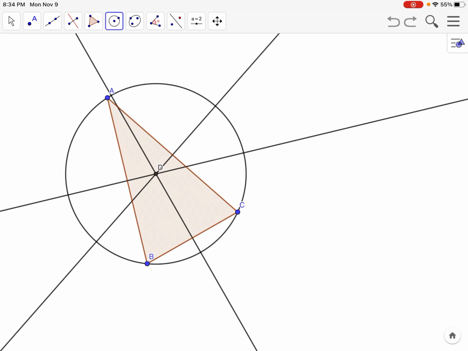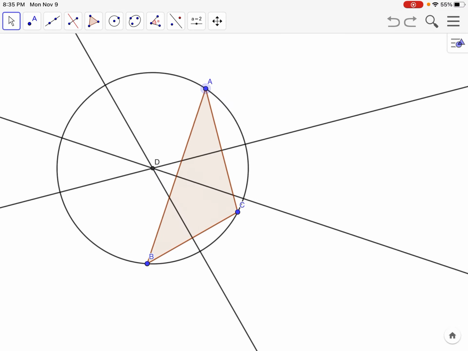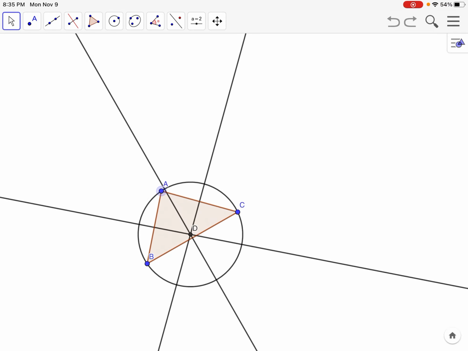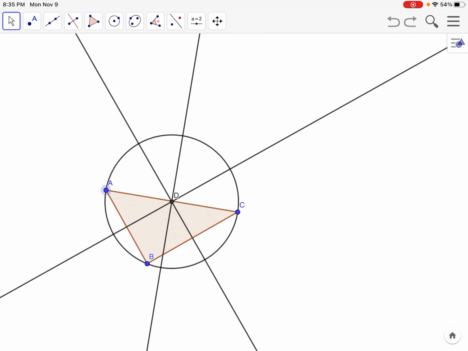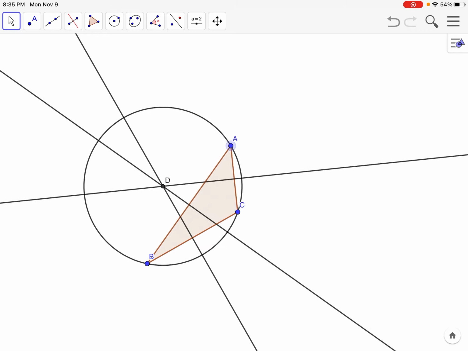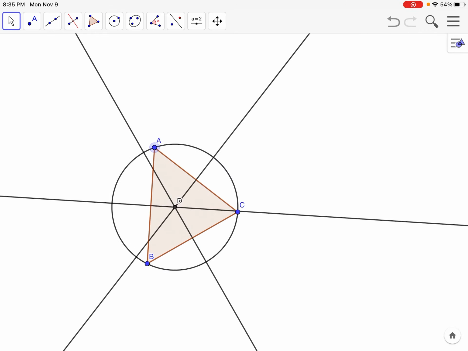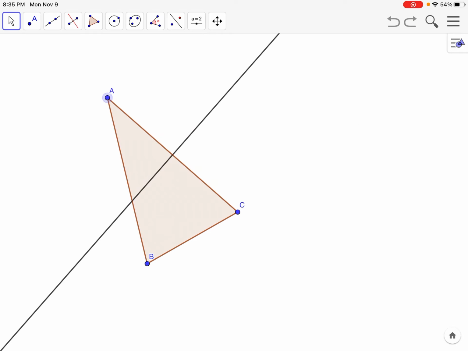You see that no matter what, I can make an obtuse triangle, an acute triangle, or a right triangle, and the three points of the triangle are always on the circle. That is with our perpendicular bisectors.